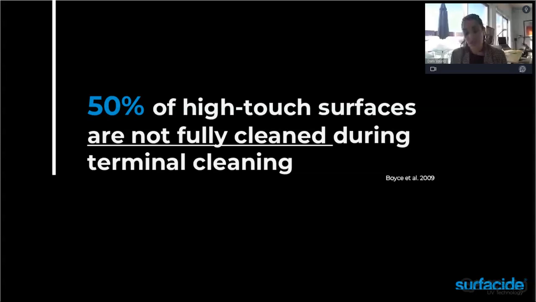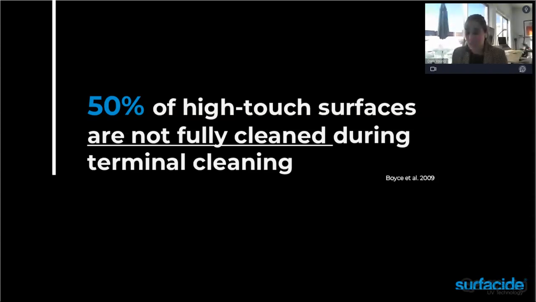That's not even including a dirty case or a quicker turnaround. And the reason is not because of any lack of effort or the good job that our environmental services team members or your staff are doing. It's simply because we're using wipes longer than they should be used, and we're not giving them the amount of dry time that we should.